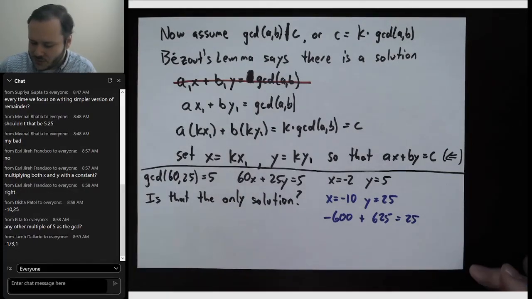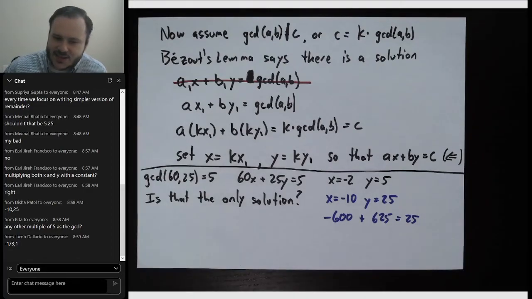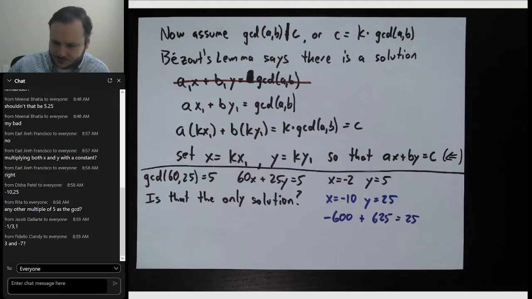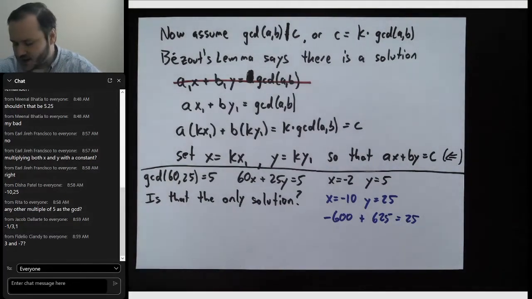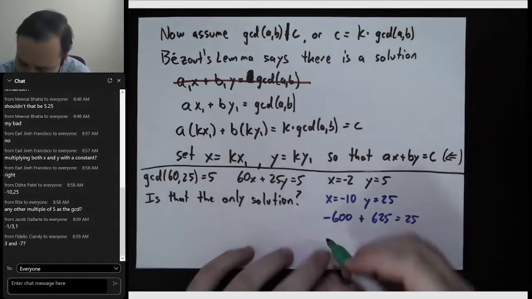Minus 1/3 and 1, but minus 1/3 isn't an integer, so we're not allowed to use minus 1/3. 3 and minus 7. There we go. That's the one I was looking for. This is the other one I think is pretty easy to find by hand.